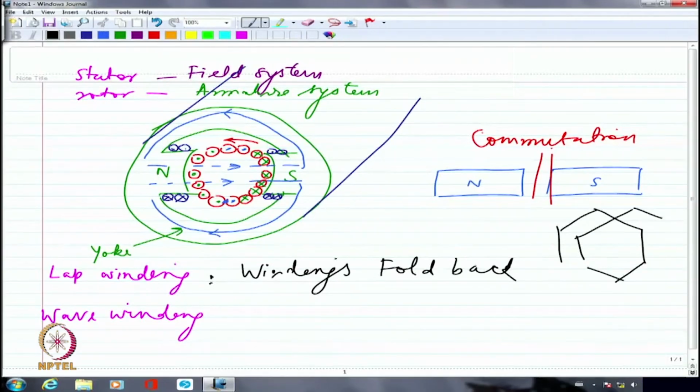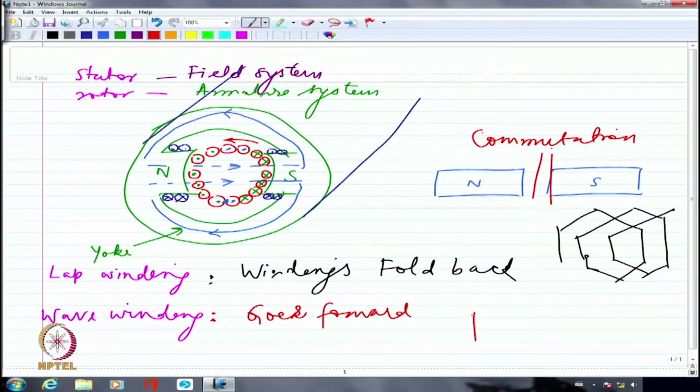So it is going to be lapping or overlapping with each other. So we call this lap winding. So it is essentially folding back. Whereas wave winding goes forward continuously. Right? It doesn't fold back at all.